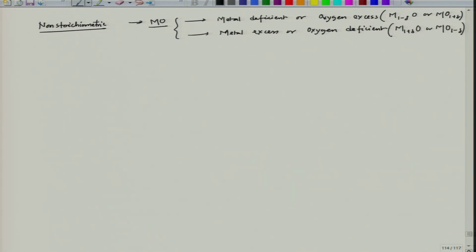These are the two notations we can use to indicate non-stoichiometry in a metal oxide like MO.